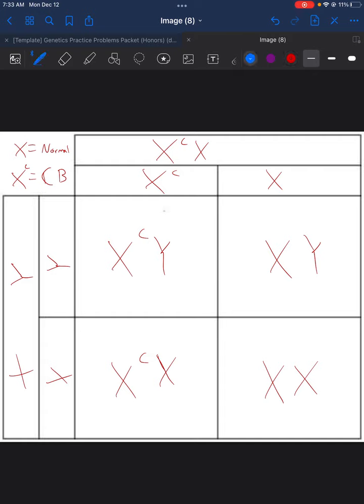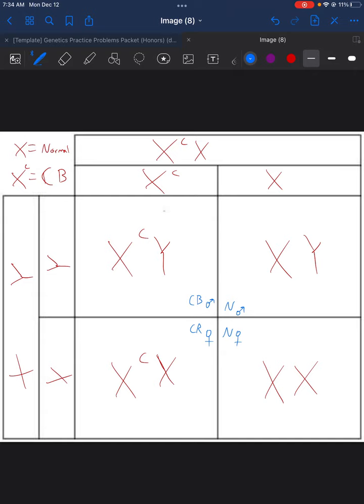Now looking at it, you will have a colorblind son, carrier daughter, normal son, and normal daughter. Let's go ahead and move that carrier up here. So here you'll see is where it really starts to matter what sex you are.